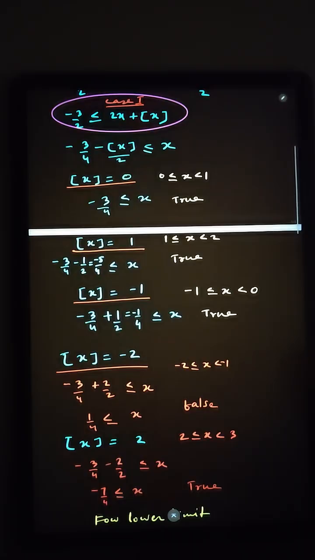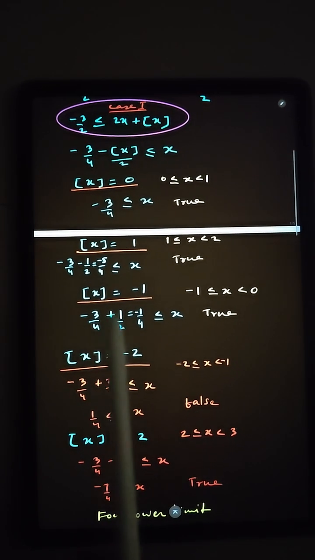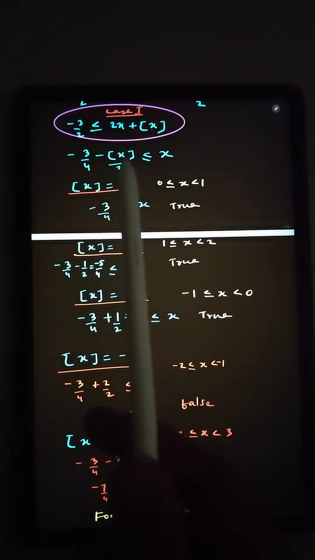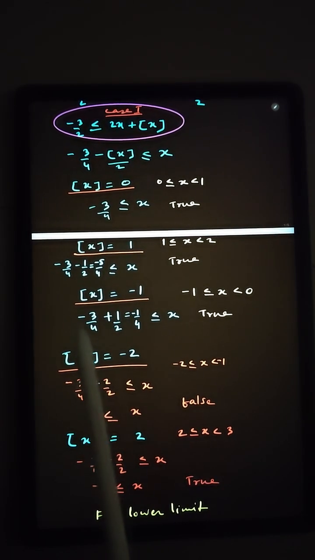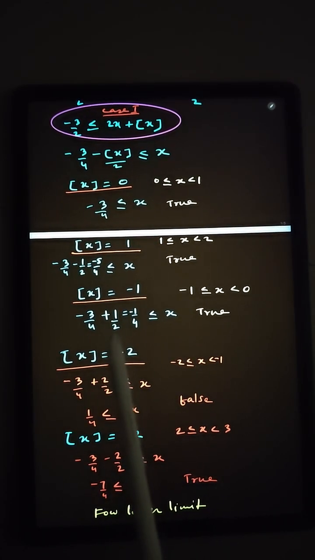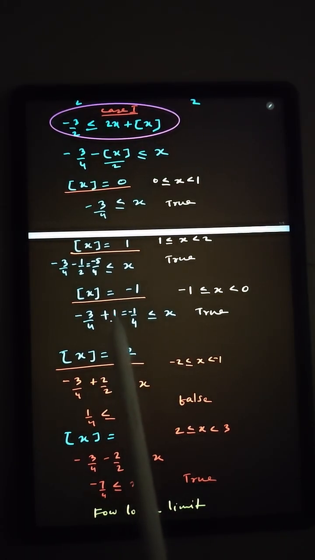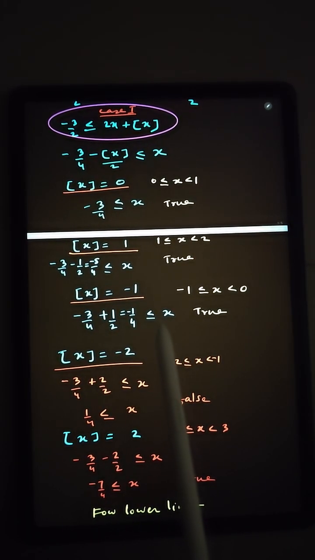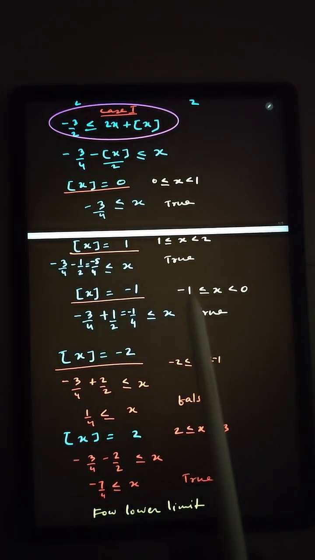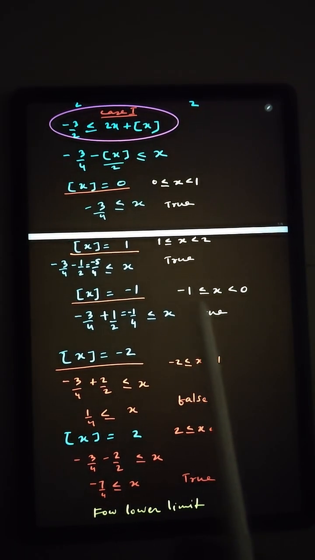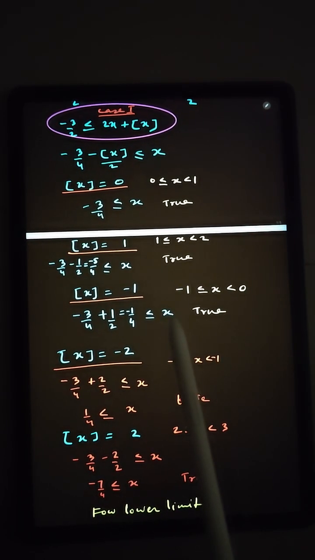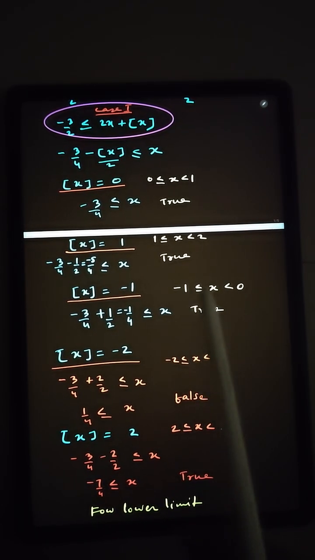Let us see one more. If the greatest integer of x is -1, in the same way we get -3/4 + 1/2. Taking LCM 4, -3 + 2 gives -1/4 ≤ x. This time your x is lying between -1 and 0, meaning some negative number in this range.